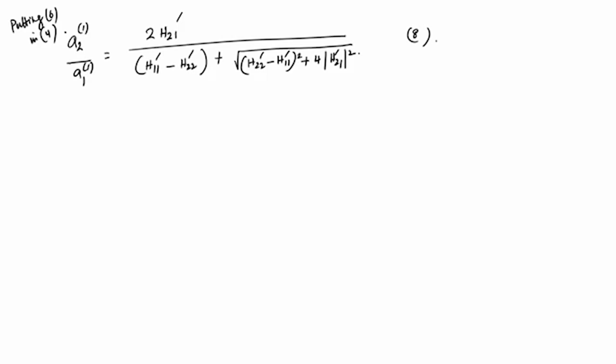So, which means that the A11 mod square plus A21 mod square is equal to 1. The mod square is notional, since it has no meaning if the matrix elements of H prime are real, but we still write it that way.